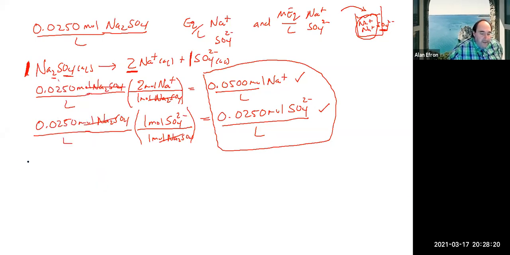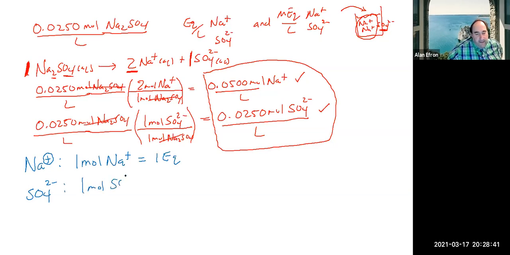We have a sodium ion, which means, as we talked about on the previous page, 1 mole of sodium would have 1 equivalent. And again, the 1 comes from the charge. Also for our sulfate in this case, 1 mole of sulfate gives us 2 equivalents.